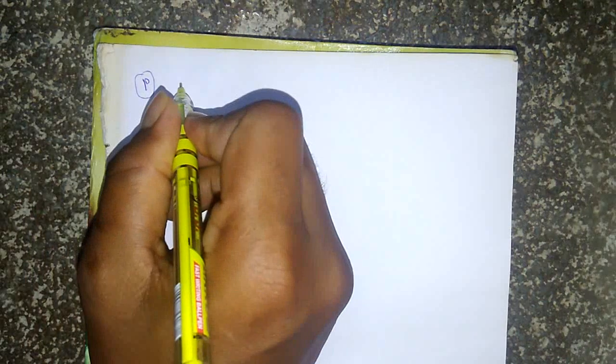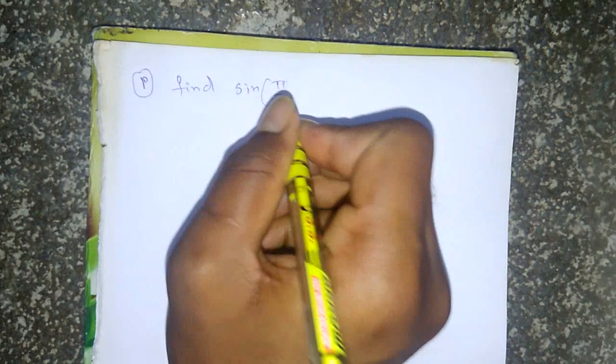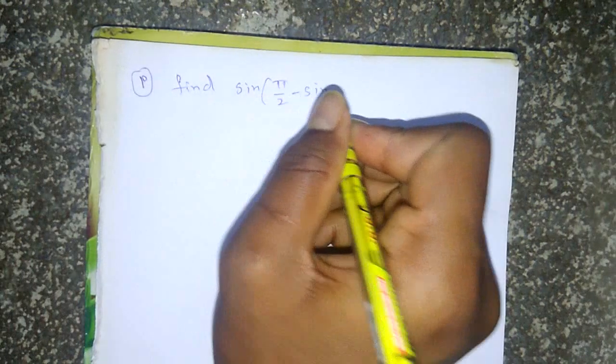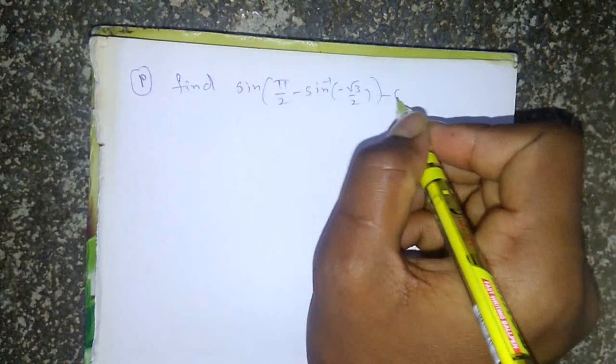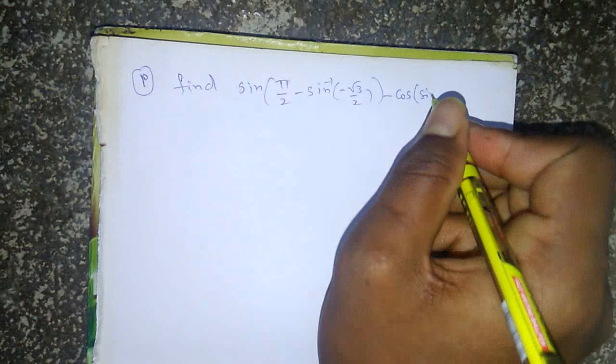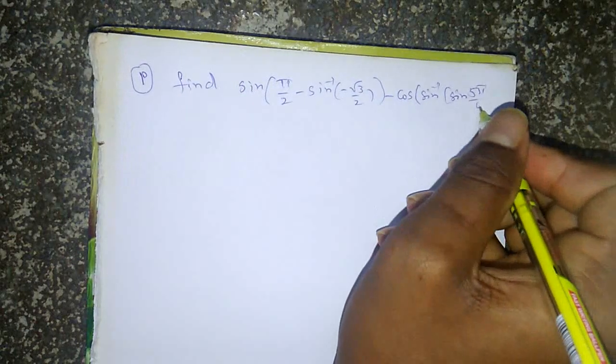Our next problem is find the value of sine of pi by 2 minus sine inverse of minus root 3 by 2 minus cos of sine inverse of sine of 5 pi by 6.